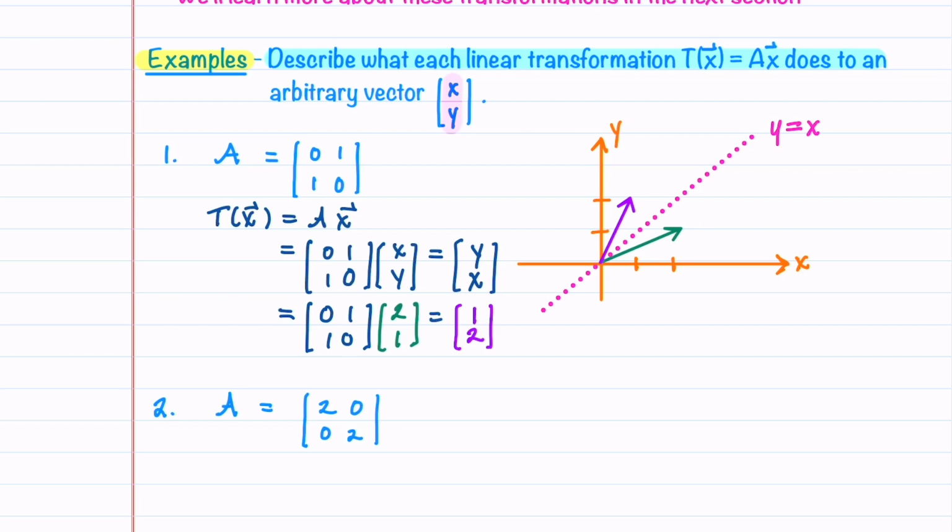Let's write down that our transformation reflects the vector about the line y is equal to x. We'll study more reflections in the next section.